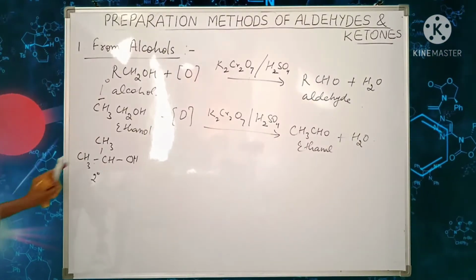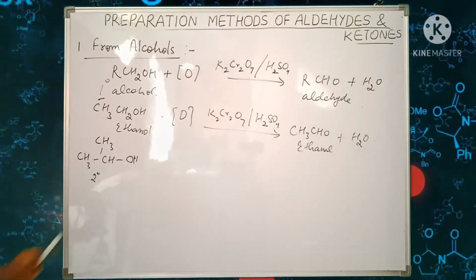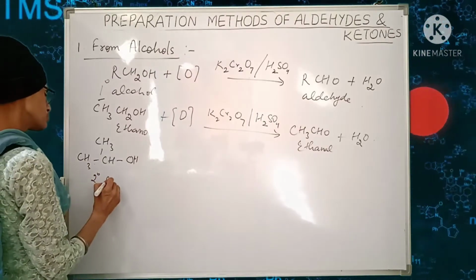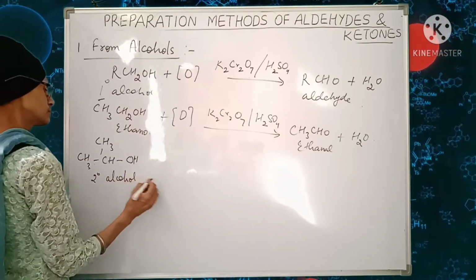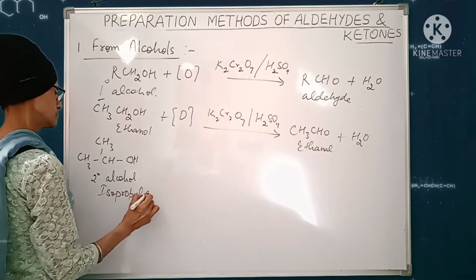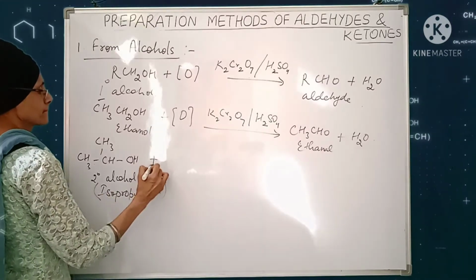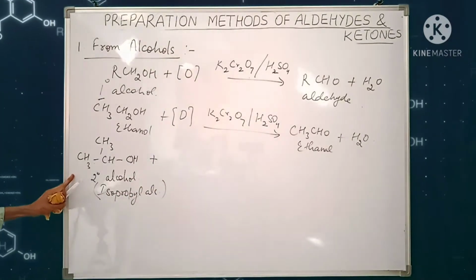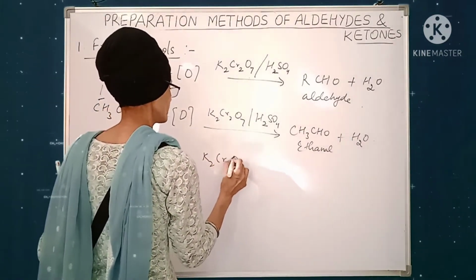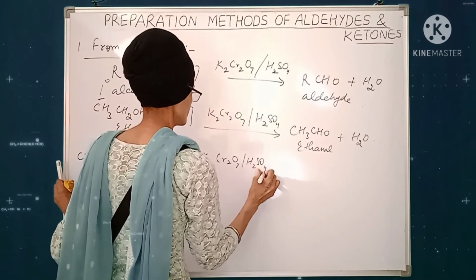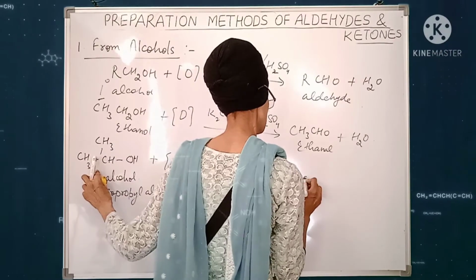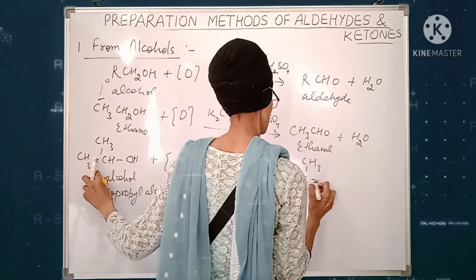We can call it isopropyl alcohol, or propan-2-ol. The same oxidizing agent will be used here, that is potassium dichromate in the presence of sulfuric acid, getting oxidized to ketone.